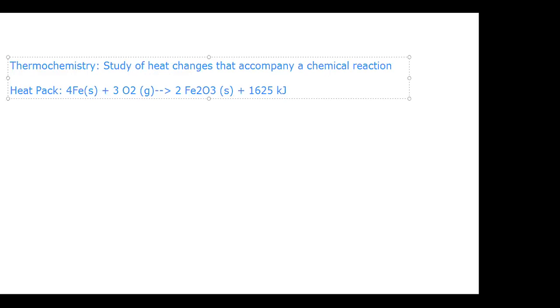This is saying that after we've done this procedure, it's exothermic, it's giving off heat. In our products, we have an extra 1,625 kilojoules, and so that is an exothermic reaction. It's giving off heat.